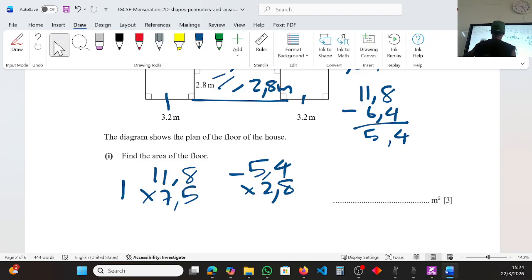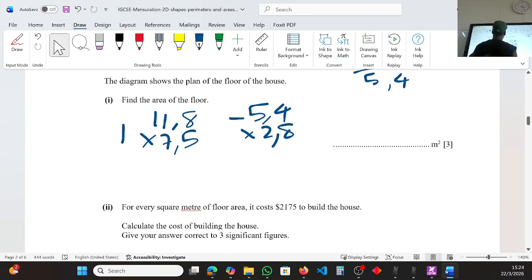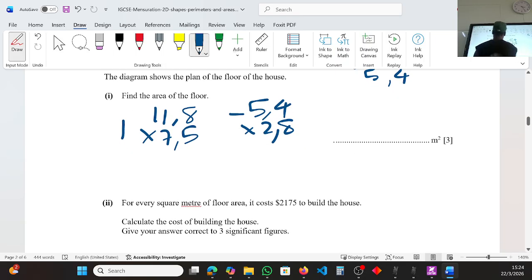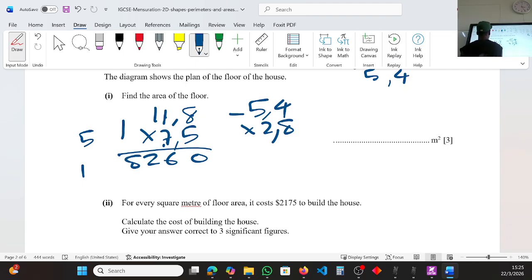So let me try my long multiplication approach here. It's going to be 0, 7 times 8 plus 56, carry 5, 7 times 1 plus 5, and so on. So I get 82.6. Let me do the same for this. I did not finish my multiplication.